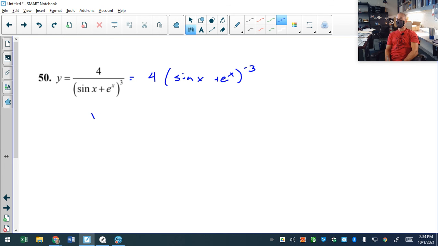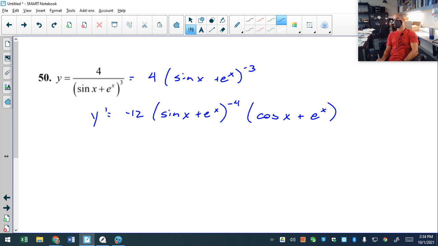And now when I chain rule that one, negative 3 times 4 is negative 12. Leave the inside alone. Then the derivative of sine x plus e to the x is positive cosine x plus e to the x. Derivative of sine is positive cosine.